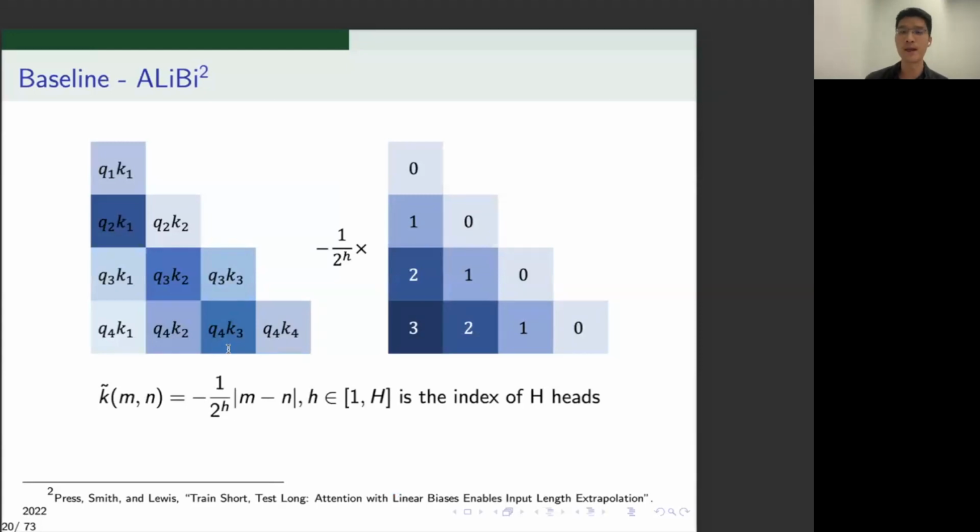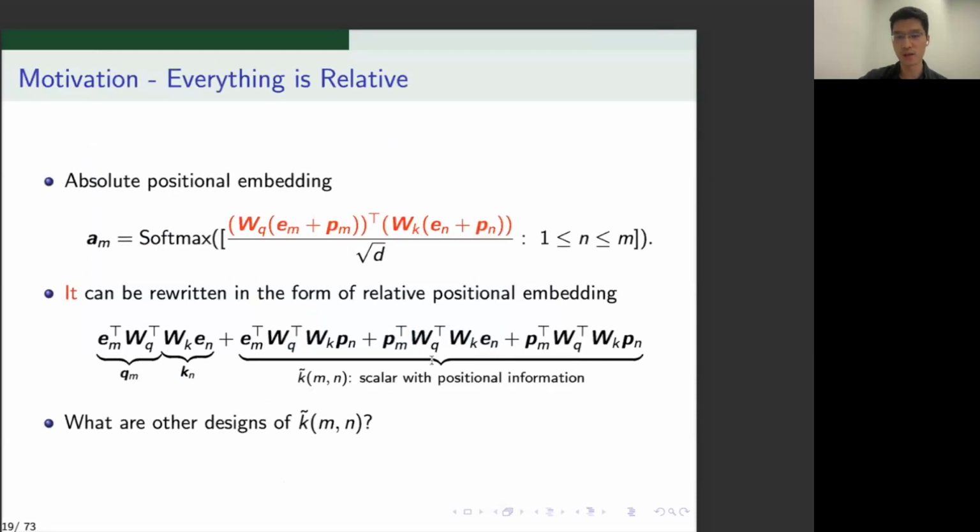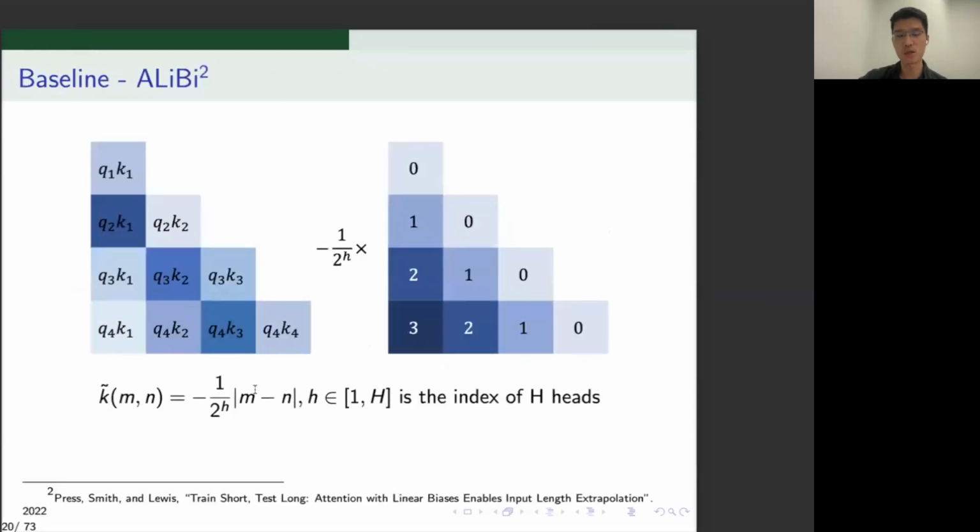It's called Alibi. And Alibi tries to greatly simplify this term into this. So K tilde is now the absolute distance between two positions, followed by this coefficient 1/2 to the h power here. And h is the index of the heads. Suppose we have 8 heads in the transformer language model, then h is 1, 2, 3, all the way to 8.